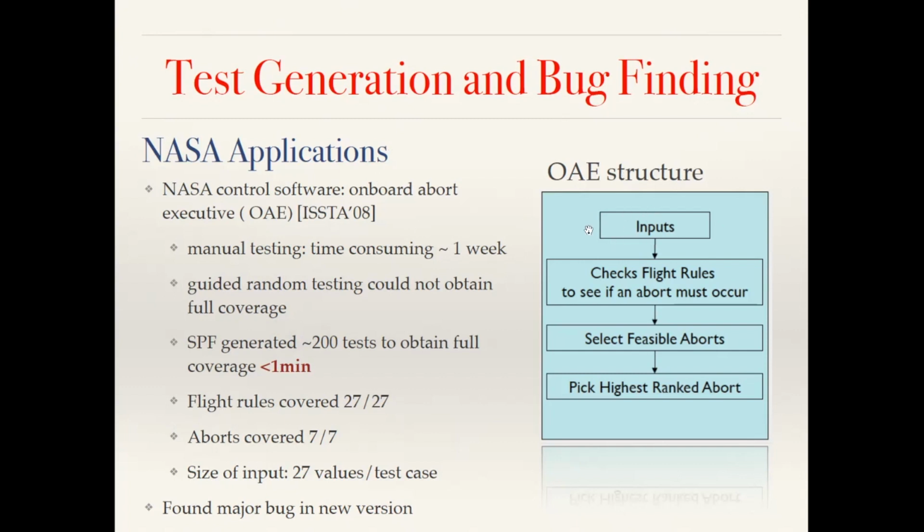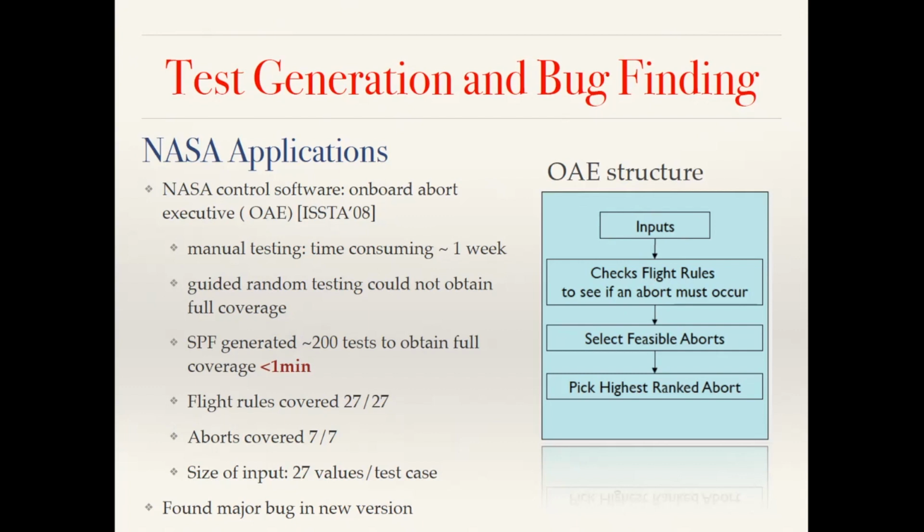The purpose of this OAE is that it is run during a mission, let's say on a rocket, and it monitors different kinds of inputs from different sensors on the rocket, and it checks flight rules.